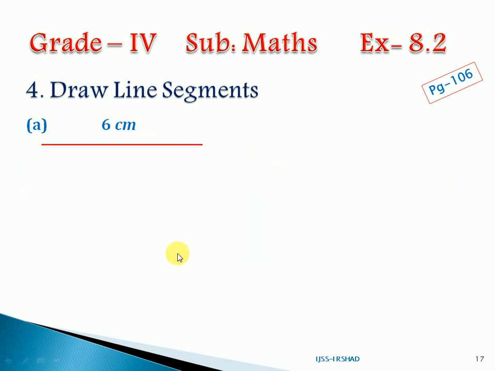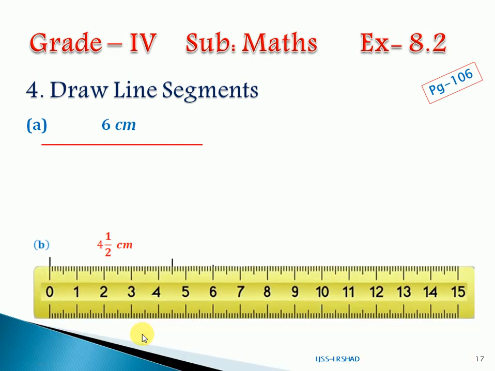Now A is over. Let's have another one, question number B. B is, you have to draw a line segment of 4.5 centimeter. So let's have a scale and keep the scale properly straight. Give a mark at 0, the starting point of the scale, and where we have to go, we have to go to 4.5, means this is 4 and this is half.